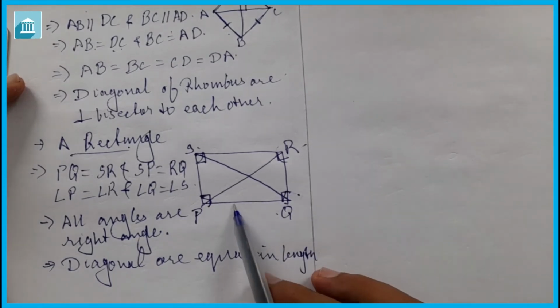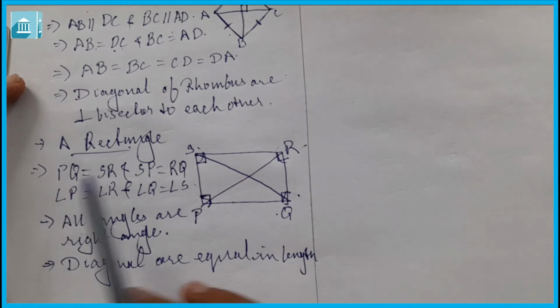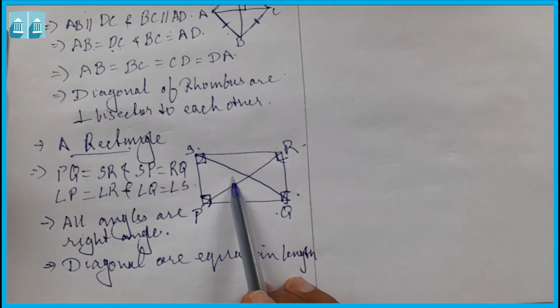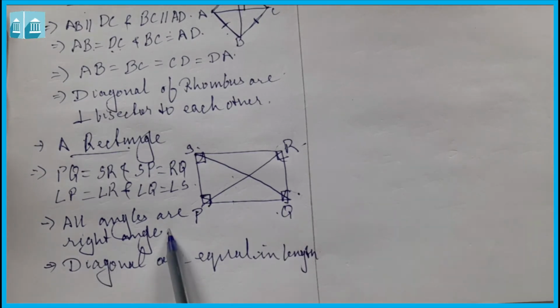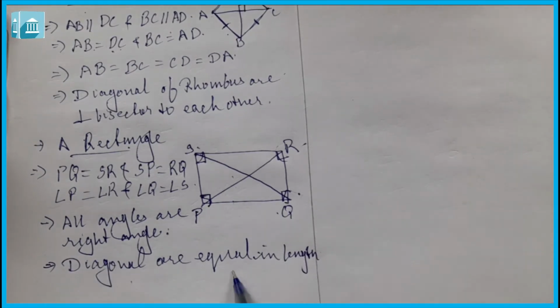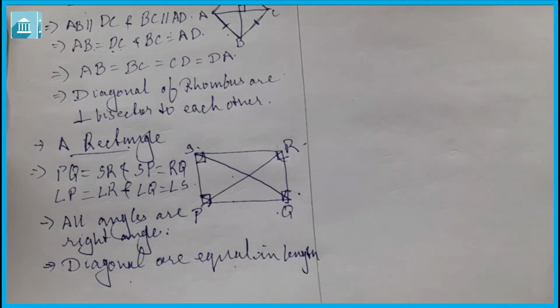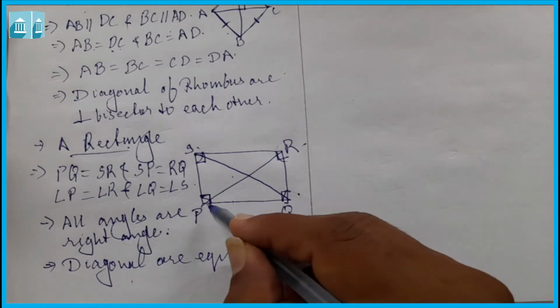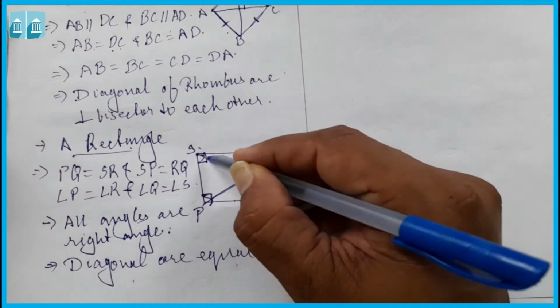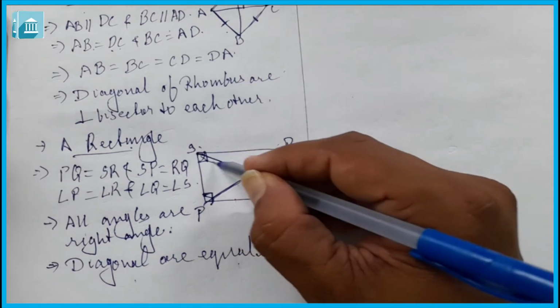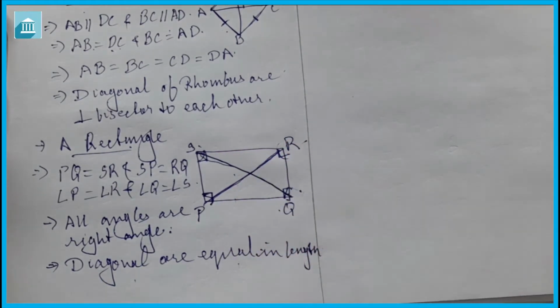So this is the rectangle. A rectangle is a parallelogram, means it possesses all the properties of a parallelogram. Besides that, all the angles are right angles and diagonals are equal in length. As it possesses all the properties of a parallelogram, the diagonals also bisect each other. They are equal and they also bisect each other.